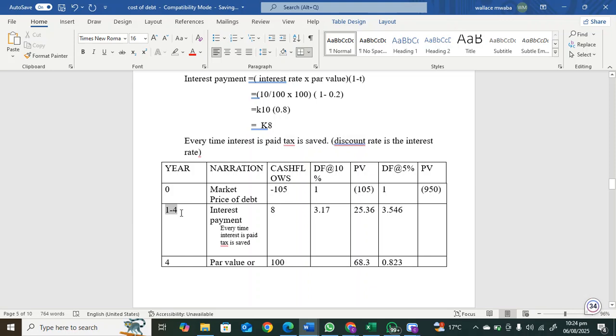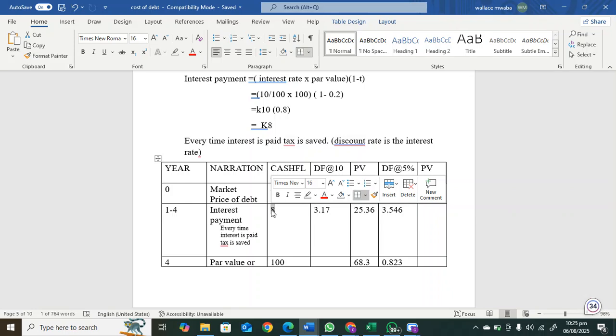Then from year one to year four, you'll be receiving interest payments. This represents an annuity, because remember, an annuity is where you're getting paid the same amount of money over the same time interval. So in year one, you get 8 kwacha, year two, 8 kwacha, year three, 8 kwacha, year four, 8 kwacha.